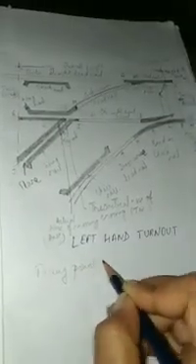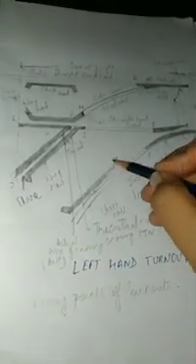Then comes facing points. The next term is facing points of turnouts. What is this?